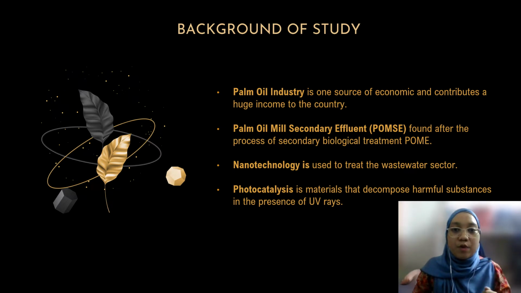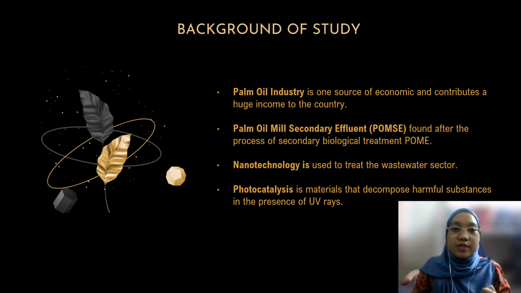POME is the palm oil mill effluent. This effluent needs to be treated before discharge to the environment. It is due to the high level of parameters such as color, biological oxygen demand (BOD), chemical oxygen demand (COD), and turbidity.